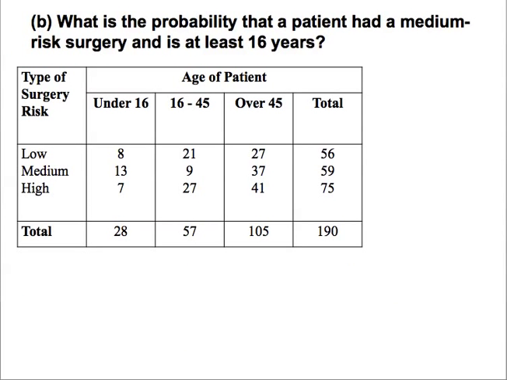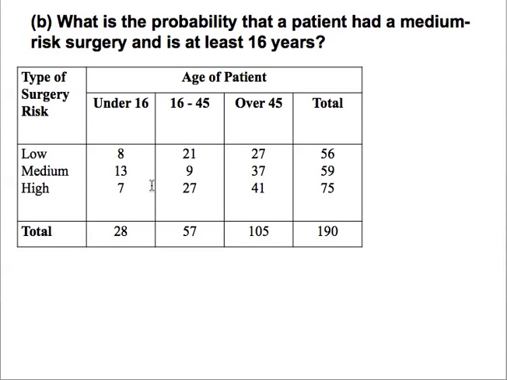Another question. What is the probability that a patient had a medium risk surgery and is at least 16 years? At least 16 years means that the patient is 16 years or more. So we're looking at all the patients, so the denominator is going to be 190.